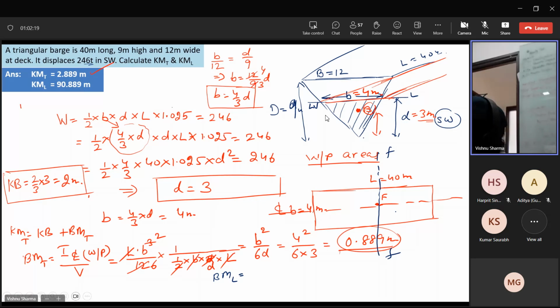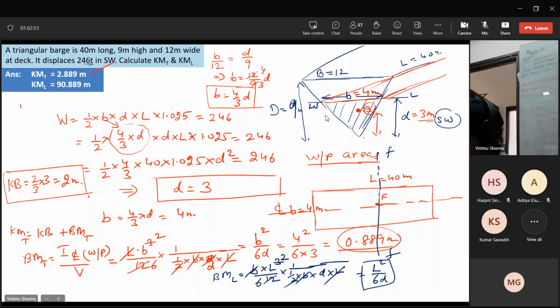It will be B into L cube by 12 divided by volume of displacement, which is half base into height, draft. This is 6. Small b gets cancelled, and one length also, leaving you with L square by 6d. Yes or no, beta? Again, the formula was mugged up in phase 1.